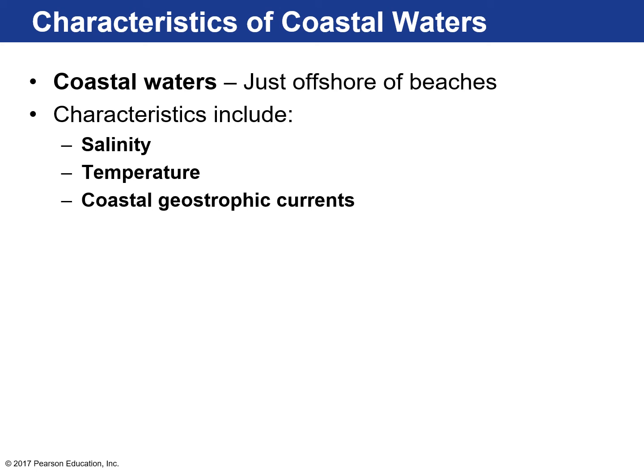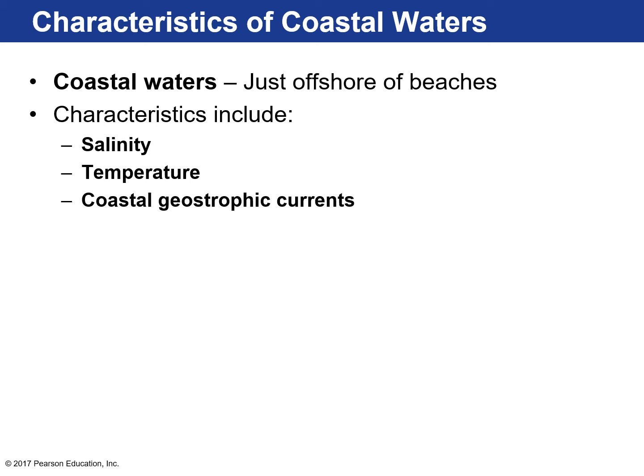Okay, up until this point in this class, when we've talked about ocean circulation and ocean currents and gyres and all that stuff, we've been talking about open ocean waters. Coastal waters are waters that are really close to the continental margins, waters where humans reside more.